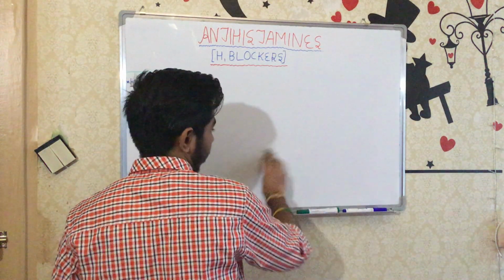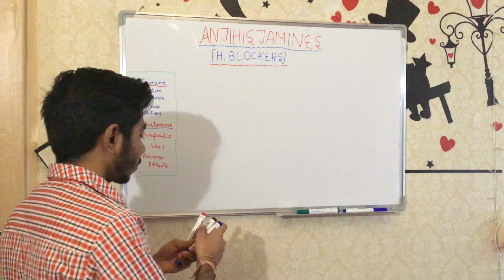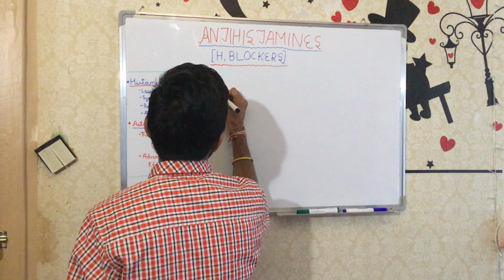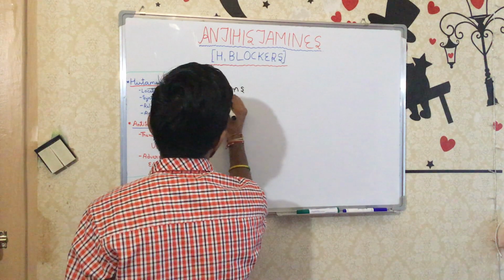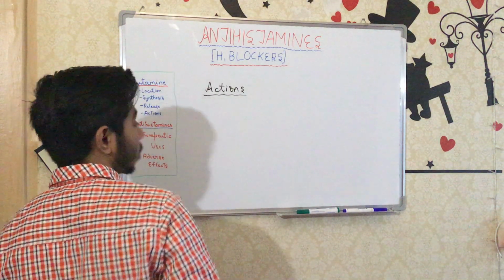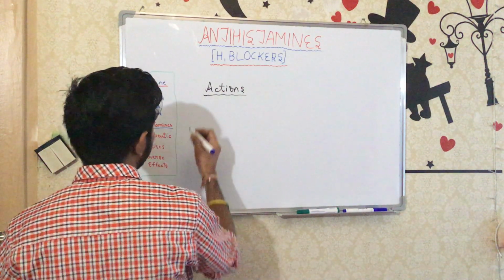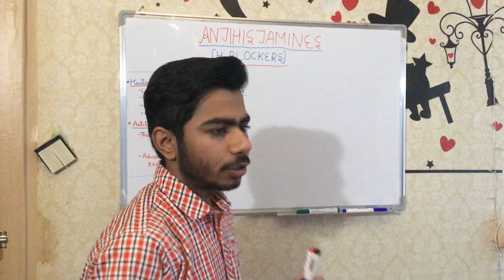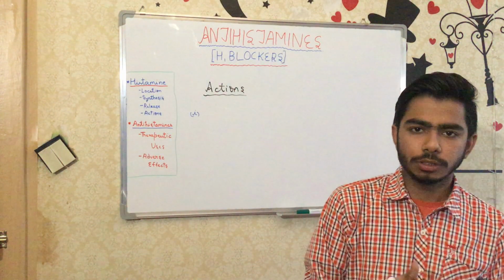Right now I'm talking about the H1 receptors, that they are blocking the H1 receptors. So let's talk about the actions of the histamine. Actually, first one, they can bind to the H1 receptors present in the vascular walls of the blood vessels.